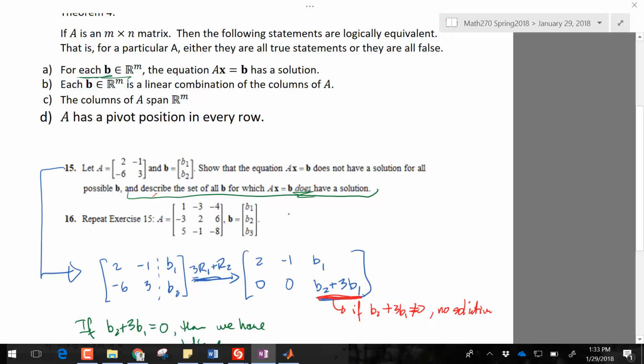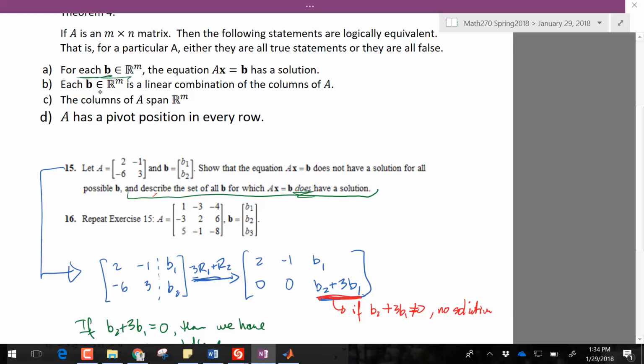So according to this problem, the first one is false. The first statement here, for each b in Rm, the equation has a solution. That's not true because there's a lot of b's in R2 that don't have a solution. So that means everything else is false.